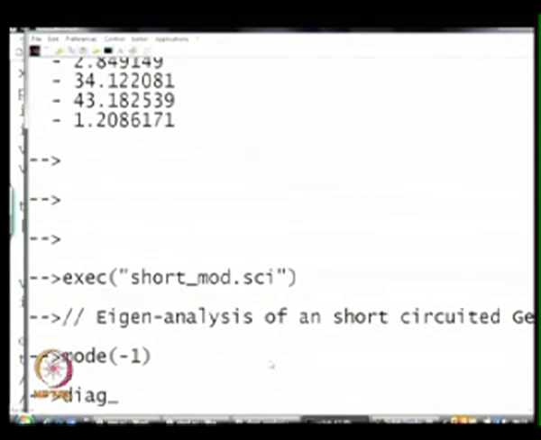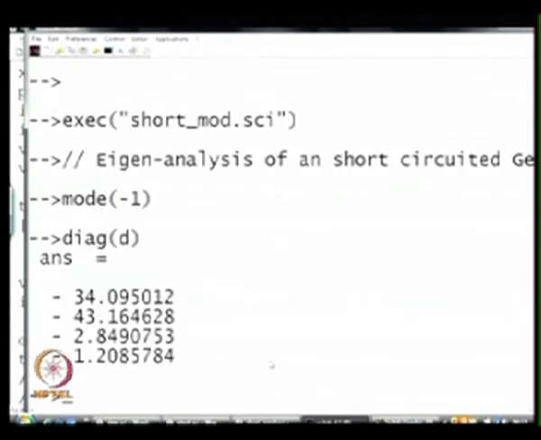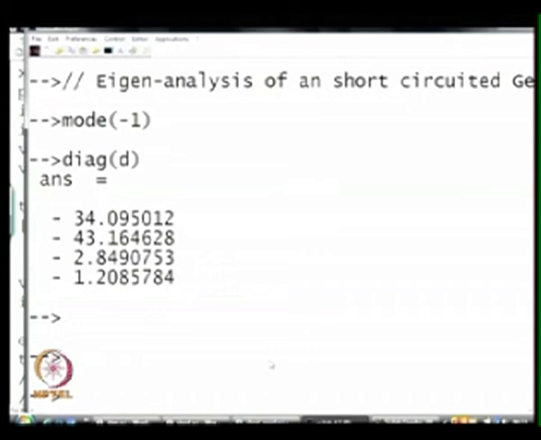The eigenvalues of the reduced model are these. In fact, they are not very much different from what we had got earlier from the larger model. So our fast and slow decomposition and simplification does not cause a very large loss of accuracy as far as the slow states are concerned.